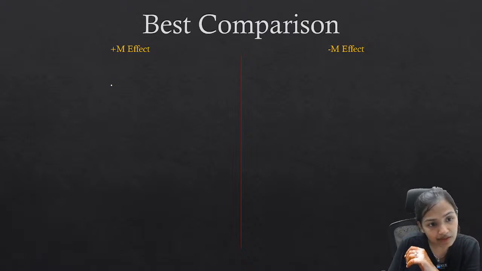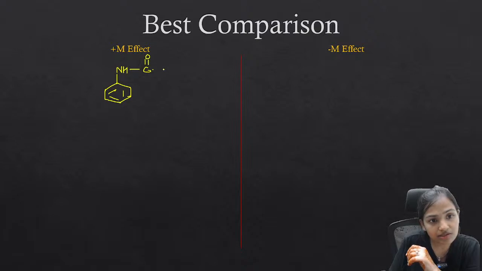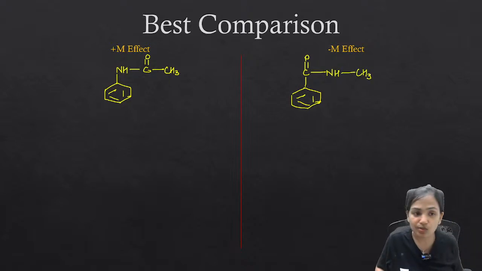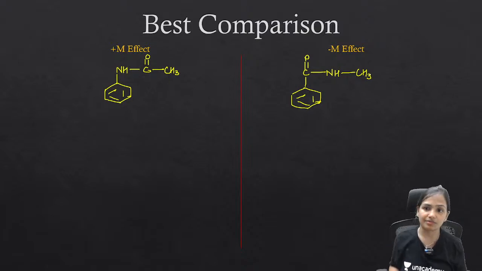One of the examples would be this: we will have a benzene with NH C double bond O CH3, and the other example would be benzene C double bond O NHCH3. Guys, what type of difference can you notice in these two compounds that I have drawn for you?